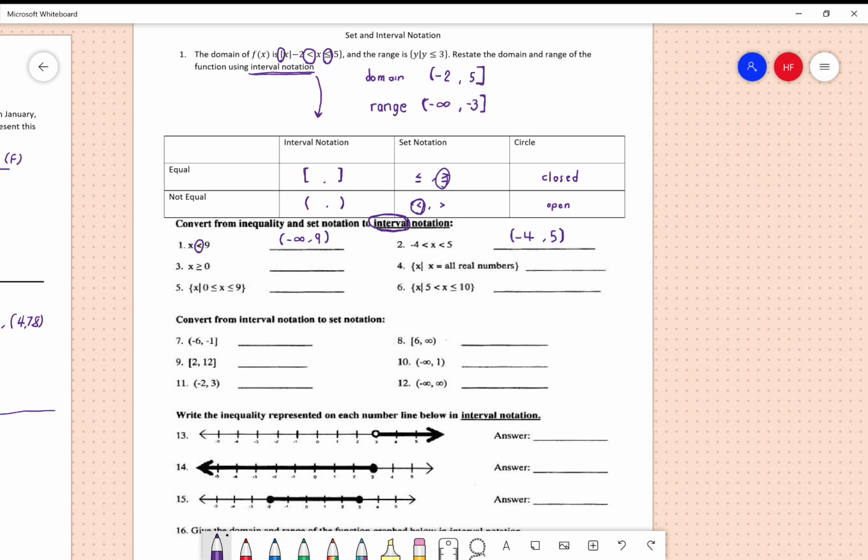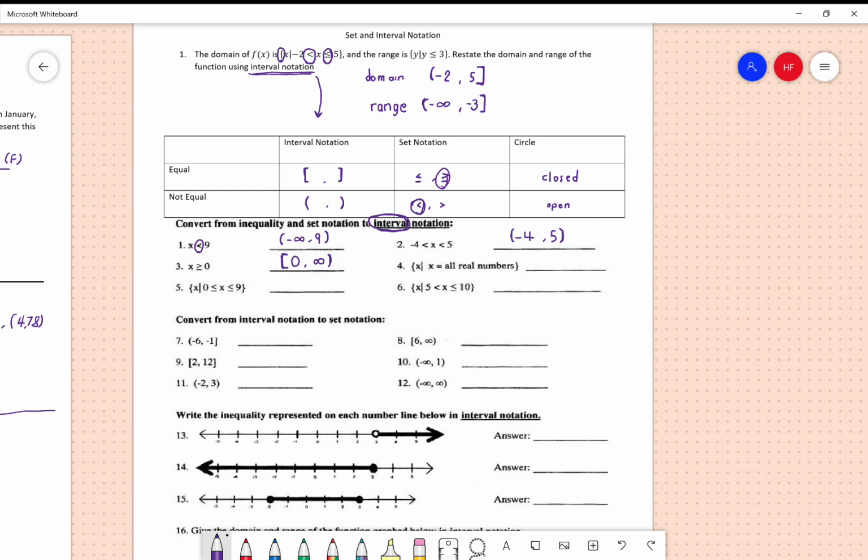Number 3, x is greater than or equal to 0. So if it's greater than 0, everything has to be above that. It is equal to, so we've got bracket, 0, infinity, and parentheses. So anytime you're using infinity or negative infinity, we're going to be using parentheses.